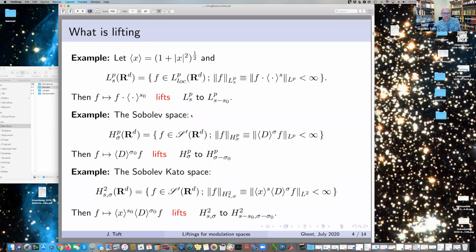You can do a similar thing with Sobolev spaces, but then you have this pseudo-differential operator instead. There are also some important cases with the Sobolev-Kato spaces, where you have both weights in x and derivatives in this way. So these are three examples of easy liftings, and they are very well known.